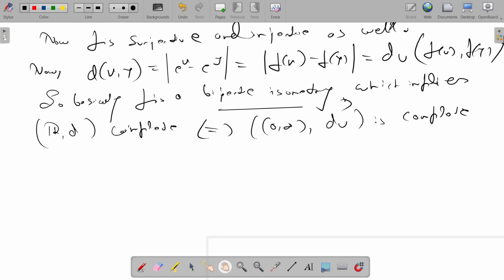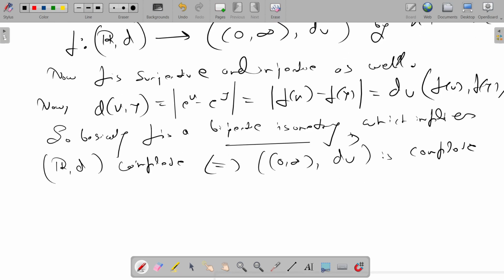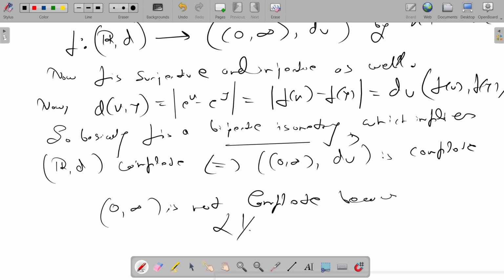But we can clearly see that this is not complete, because 0 to infinity is not complete. We can take the sequence 1 by n, right?